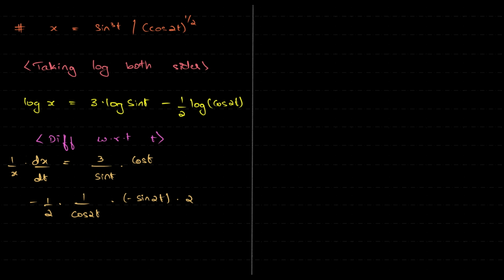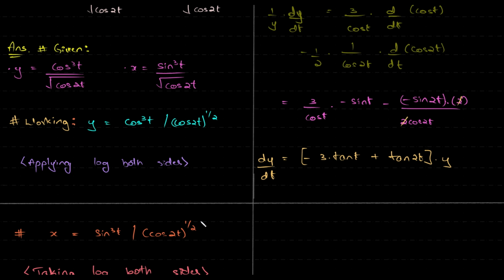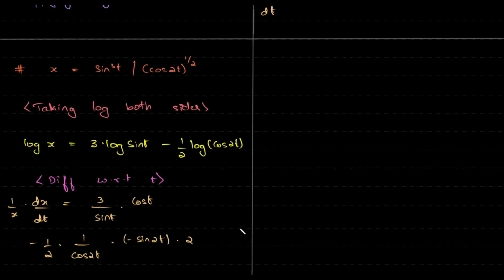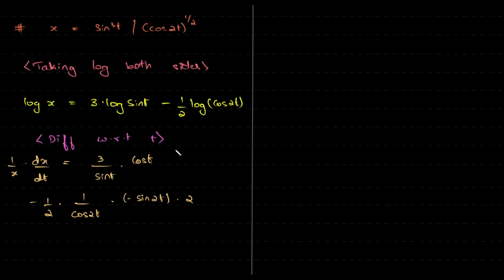Let me summarize it for you guys, because we have applied chain rule. This comes from the differentiation of 2t by dt. Here we again have chain rule. This is from the differentiation of sine t with respect to t. This is because of differentiation of log of the expression.